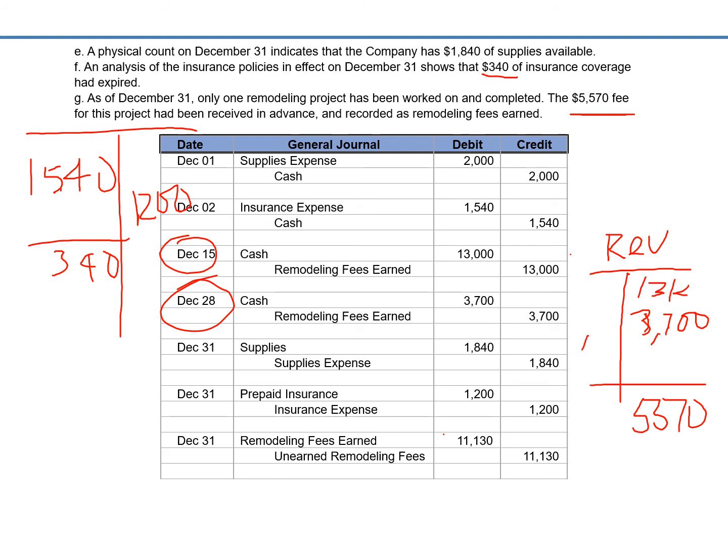And so that's where the 11,130 is coming from, because if you take 13 plus 3,700 less 11,130, this gets us to our revenue that we should be recognizing for the work that has been done. And we're going to put the 11,130 on the balance sheet as an unearned remodeling fees revenue, or unearned remodeling fees is a liability account. Okay?